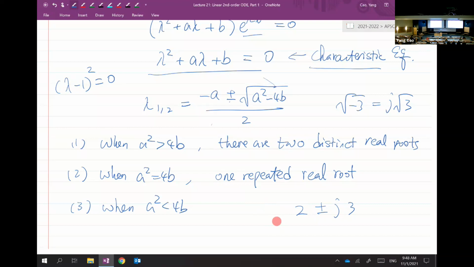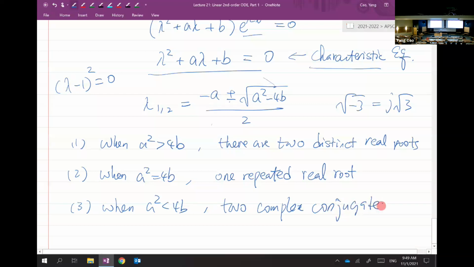Conjugate, exactly, right? So these are a pair of complex numbers. They're complex conjugate roots. That's what we call this situation: two complex conjugate roots.